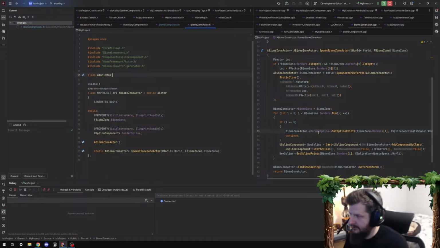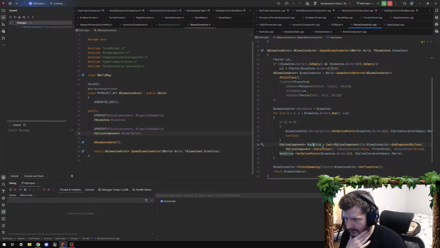Yeah, because I think I want to show. I am adding it as an instance component, right? Somewhere. New spline. I suppose that's fine. I would like it to show up in the UI, though.